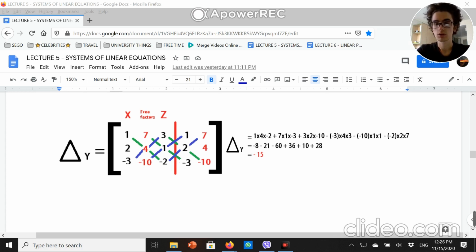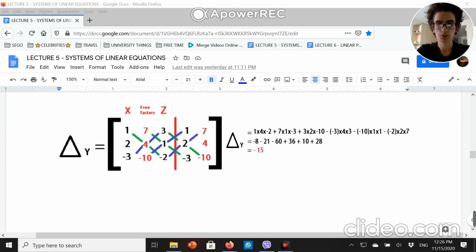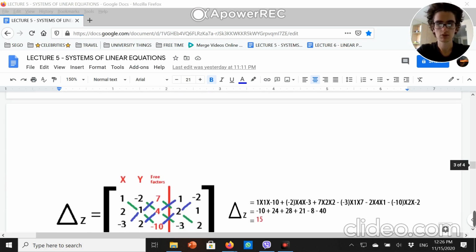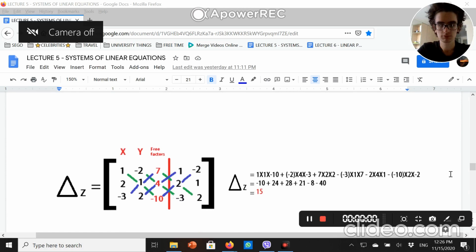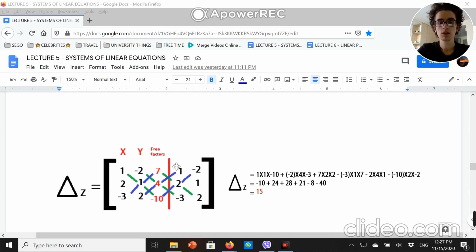There's only one more delta to calculate, which is delta z. The approach is exactly the same. We put our x values here, y values here, our free factors, divide the matrix, and then we rewrite our first two columns.